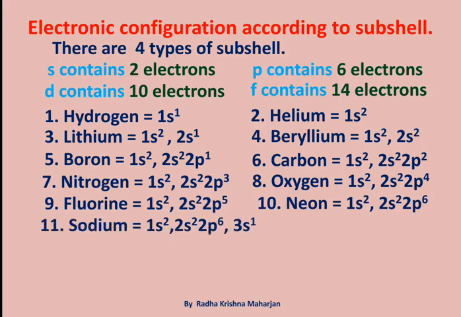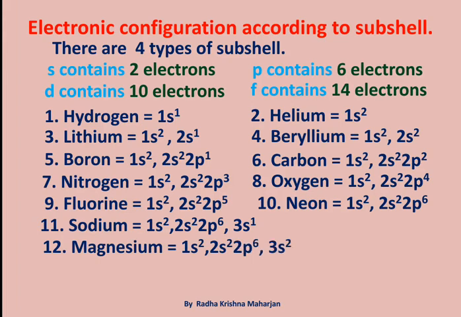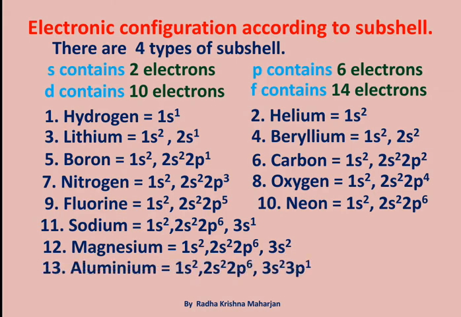Sodium 1s2 2s2 2p6 3s1. 12. Magnesium 1s2 2s2 2p6 3s2. 13. Aluminium 1s2 2s2 2p6 3s2 3p1.